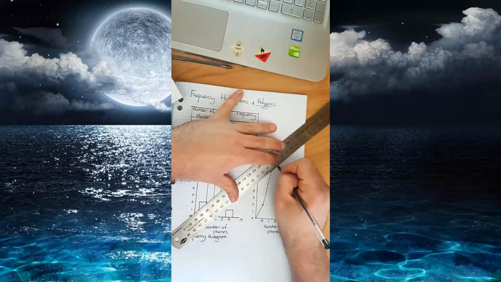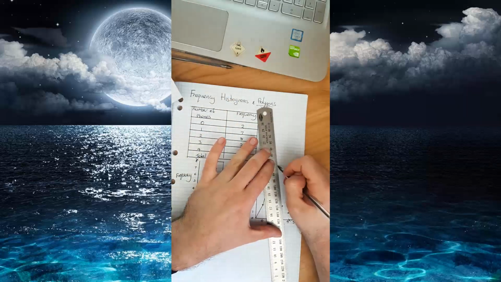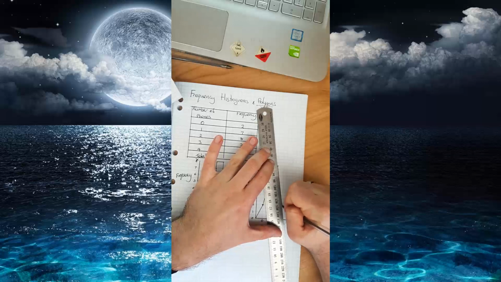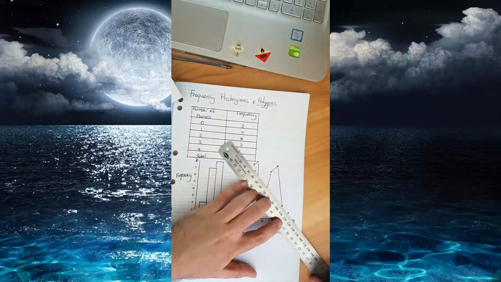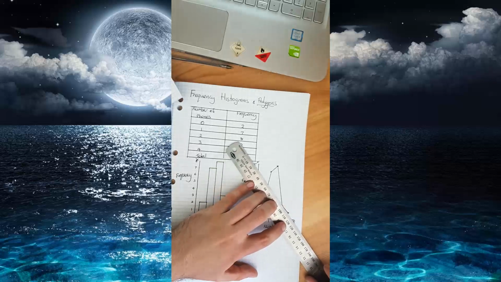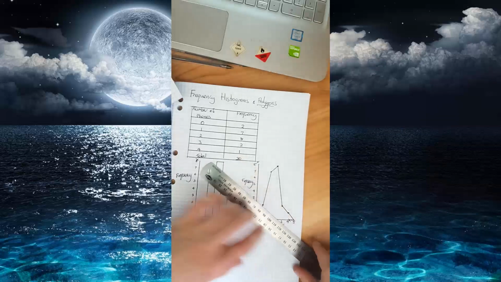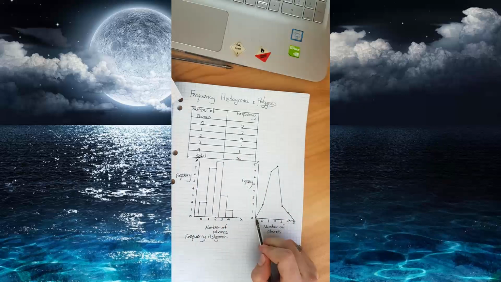Remember, everything's done properly. So I'm using my ruler. Now, coming to the end, the line must reconnect with the x-axis. So it starts at the x-axis and comes back down to the x-axis. And this is the frequency polygon.